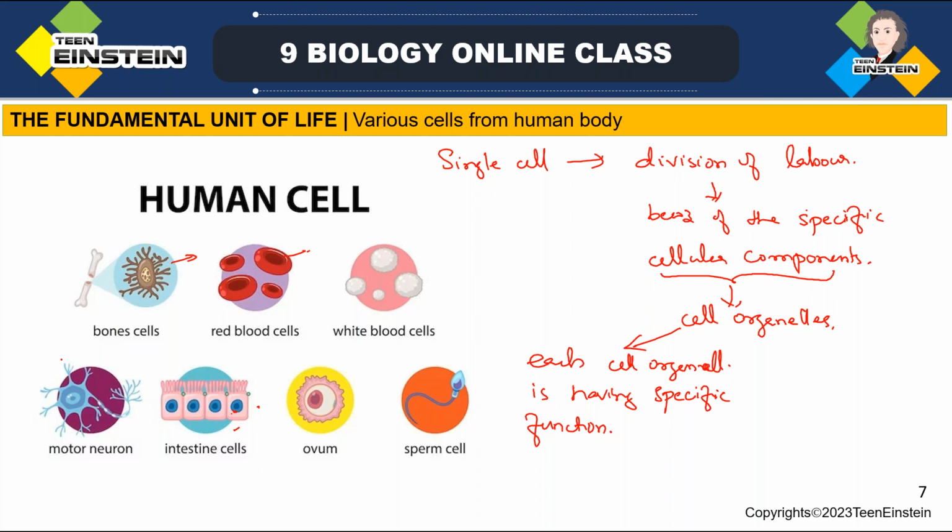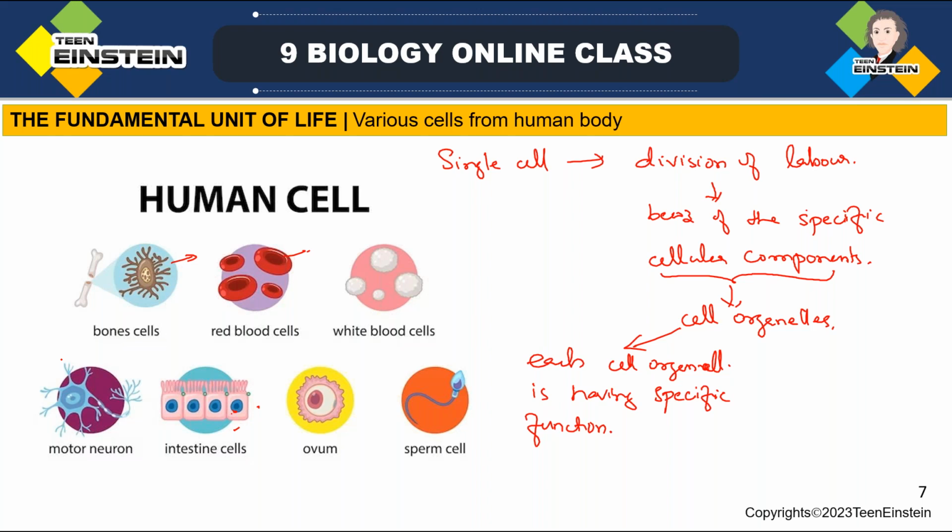And why is the cell called the structural and functional unit of life? We said each cell has its own capacity to do a specific function, and there are different types of cells. In a multicellular organism, you can see different types of cells. In a single-cell or unicellular organism, all the functions are performed by a single cell.